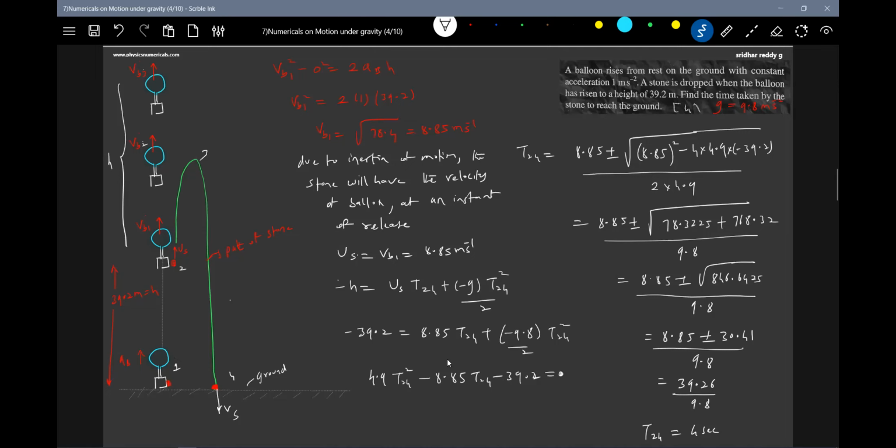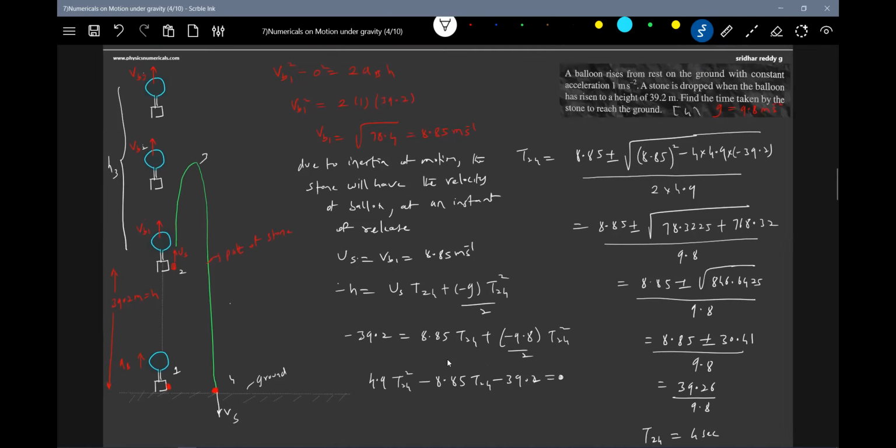Call it H3 or anything. For that, what we need: it's going to accelerate with an acceleration a. At what height will the balloon be when the stone is striking the ground? Okay, our answer is this one. For further, we'll explore things.